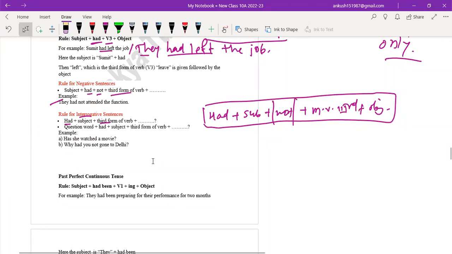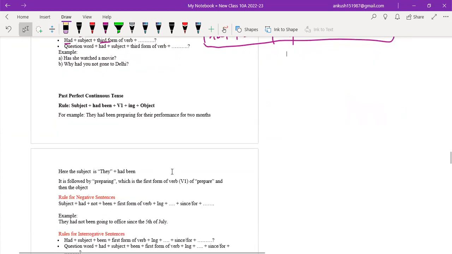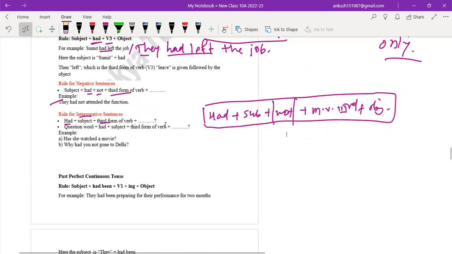Okay, see, there would be a question that where would you use these tenses? So I have an answer for that, and that answer is whenever you will be attempting the question paper, they would definitely not ask you the question in the simplest way.